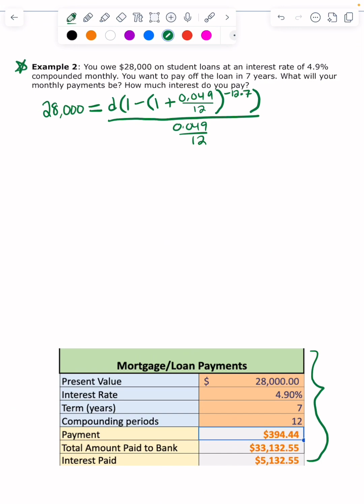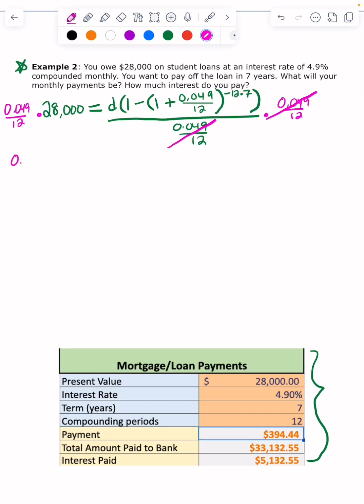So this one is a little bit of algebra, so it's probably the hardest problem to do in this whole unit. But it's not terrible. So let's see. So I'm going to get another color out here because we're going to need some color. If I were to multiply both sides by 0.049 divided by 12, it might seem crazy, but what happens is this and this go away.